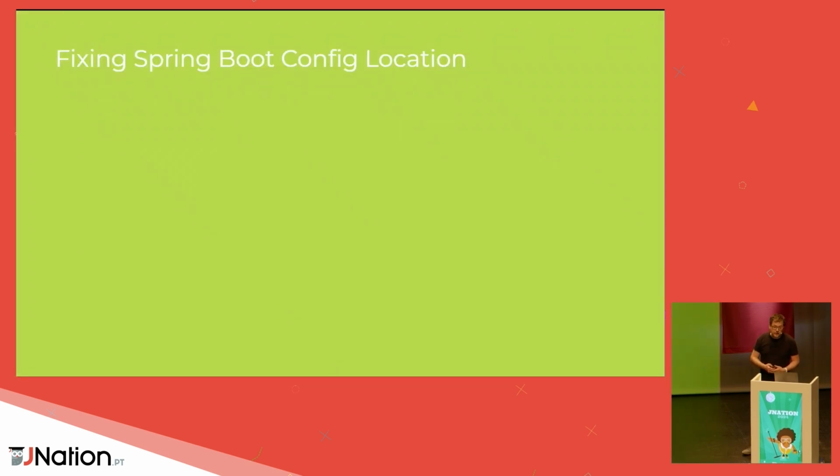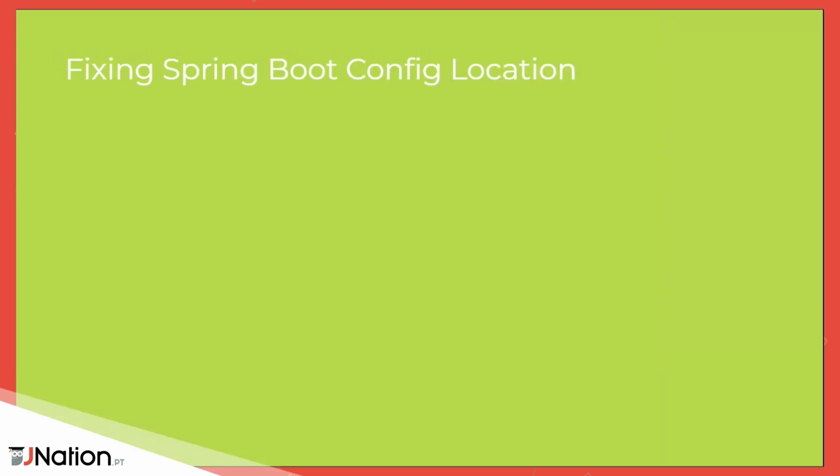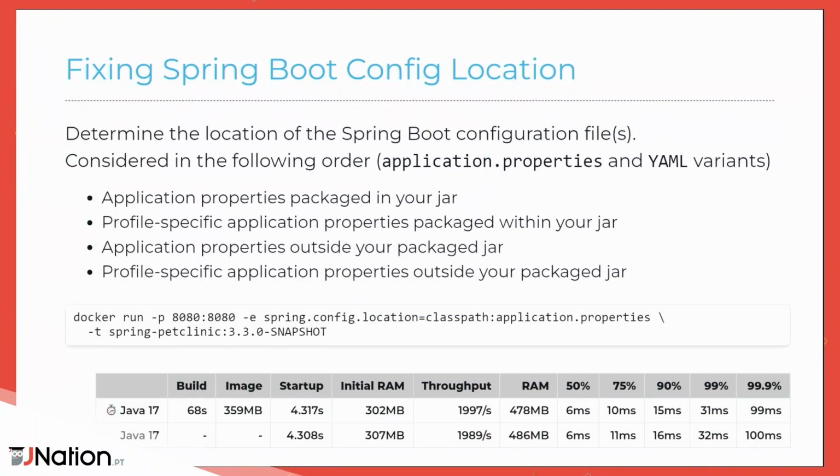Another idea would be having the configuration location specified. There are different places where Spring Boot is going to look up your application properties and application YAML files. Usually it checks the JVM working directory where you start the process, whether there is a config directory, or a file in the current JVM working directory. Then it checks if there is a package called config in the classpath, or a configuration on the root level of the classpath.